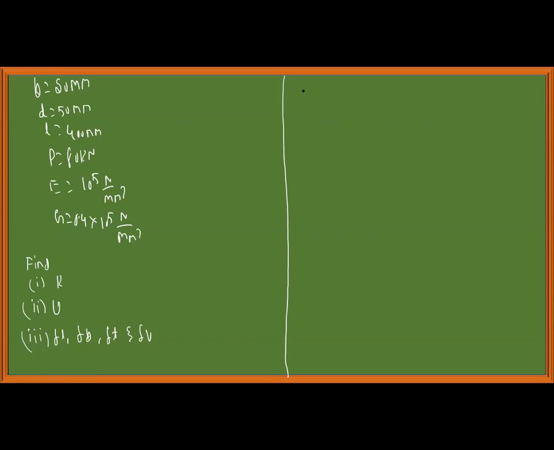Okay. E is equal to 2G into 1 plus mu. E is 10 power 5, which is equal to 2 into 0.4 into 10 power 5, into 1 plus mu. Or you tell me, 1 by 2 into 0.4 is equal to 1 plus mu, or mu is equal to how much?